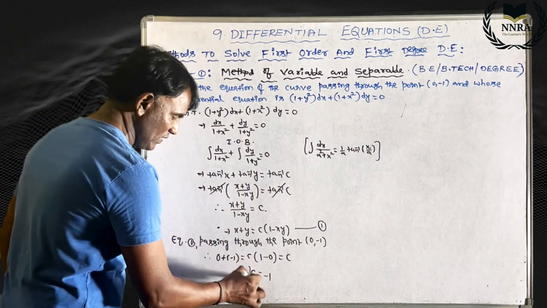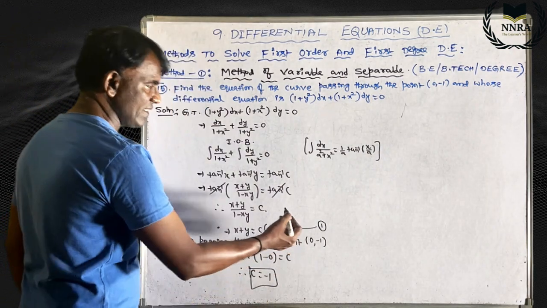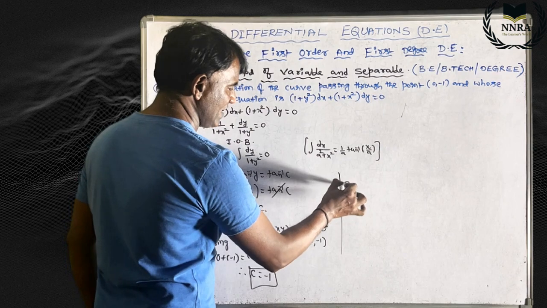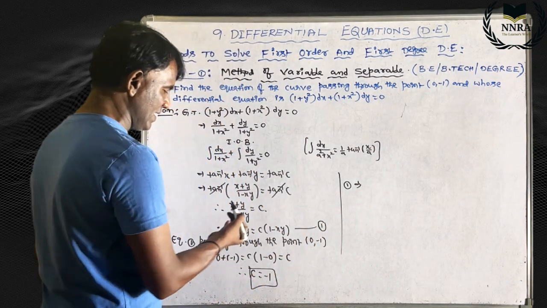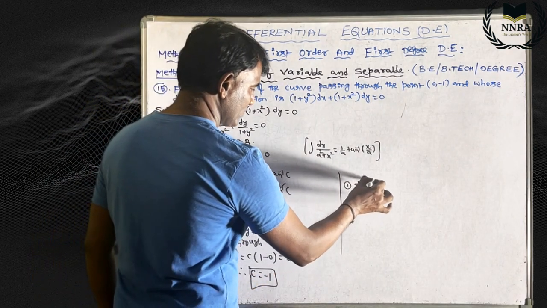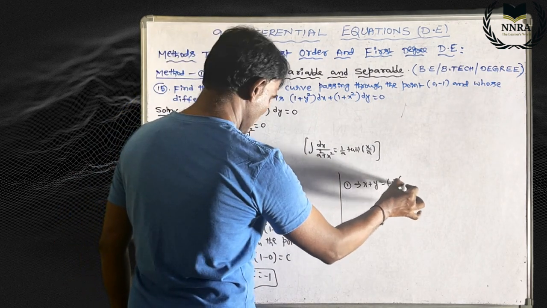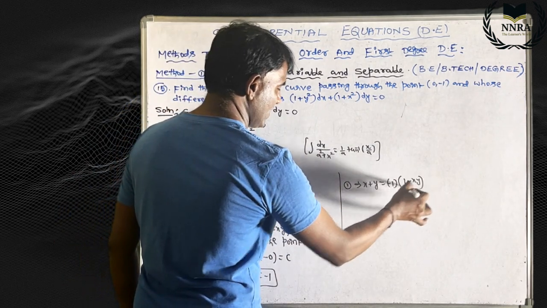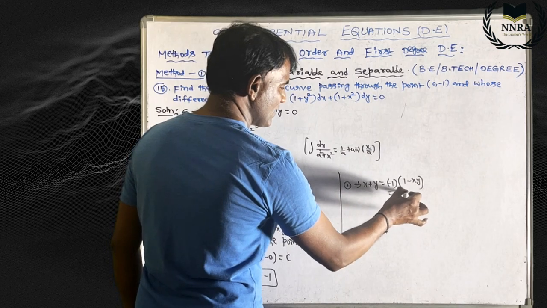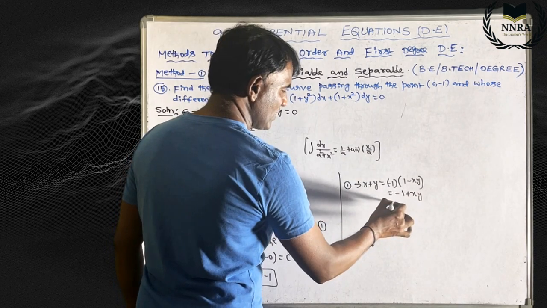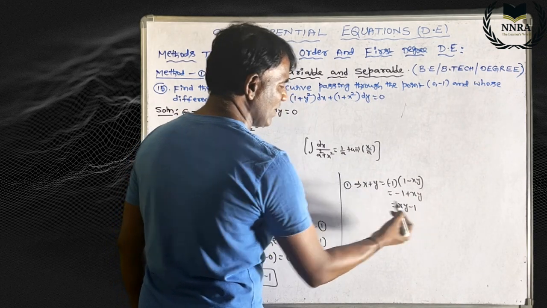Okay. Now we substitute the c value in equation 1. So x plus y equal to c, that is minus 1 into 1 minus xy. So how to write it? Minus 1 plus xy. So that can be written as xy minus 1.